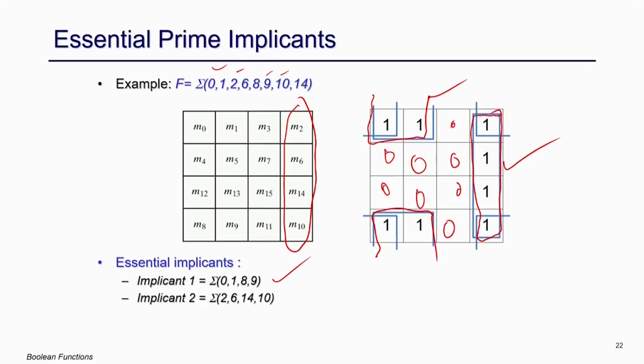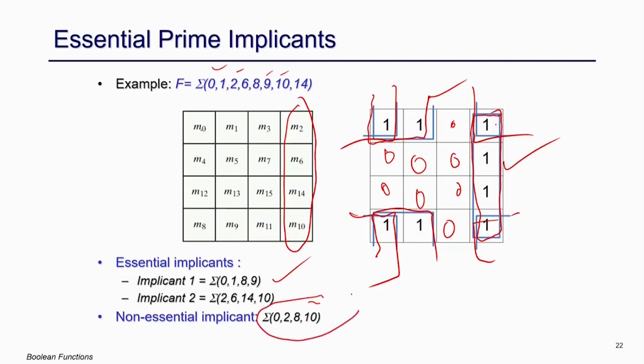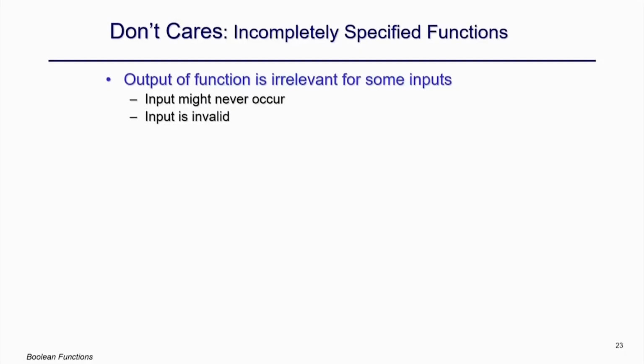And if we think about another implicant, for example, if I take these 4 corner 1s, this becomes another implicant, covering 0, 2, 10 and 8. So this is a non-essential implicant, but these 2 are essential implicants. In the Karnaugh map also we try to find those prime implicants effectively, which cover all the on terms. This is how it happens.